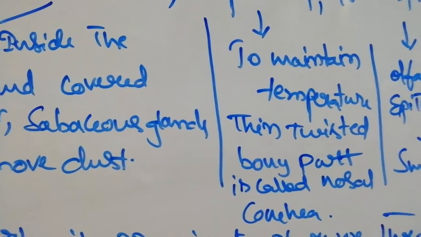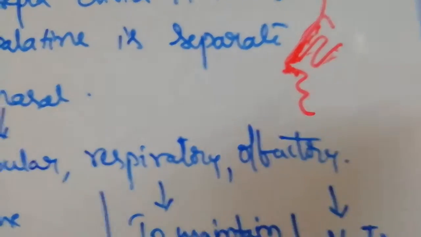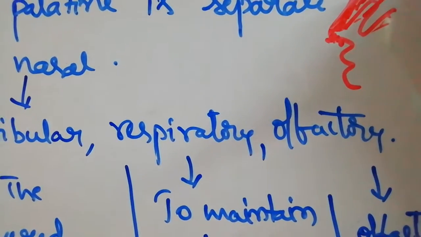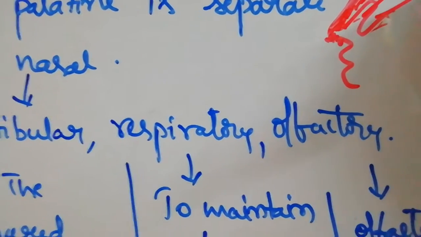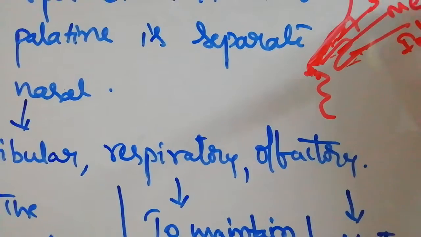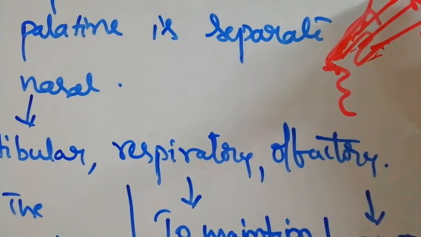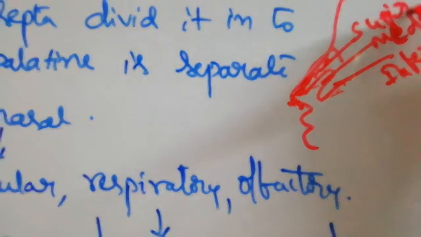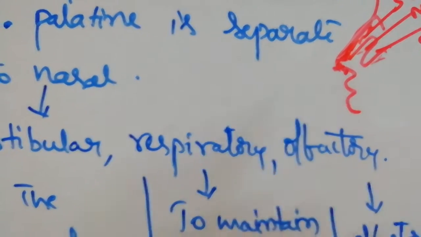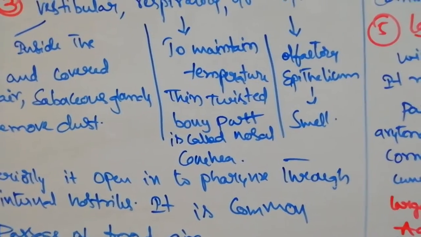Whereas in the respiratory part, thin twisted bony plates are present. These twisted bony parts divide it into the superior, middle and inferior. This is the superior part, the middle part, the inferior. These twisted bony parts are called the nasal conchae.